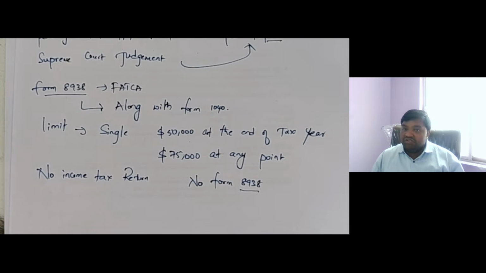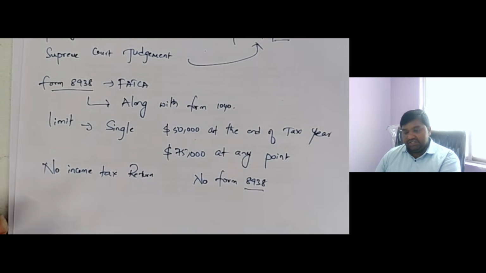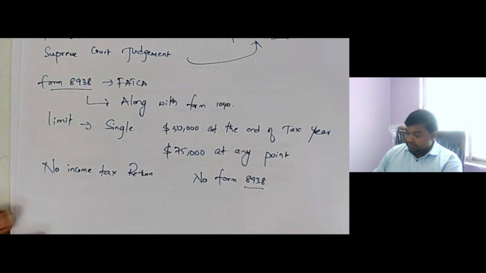So remember, even though you are not required to file your individual income tax return, you still have to file an FBAR report if your limit crosses $10,000. Both are similar, with only a little difference. This is an attachment to your 1040. The difference is very important for your exams.